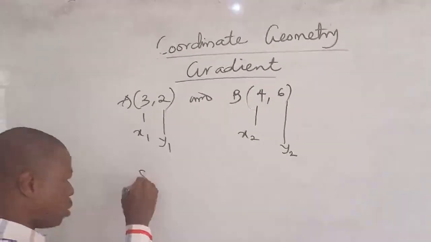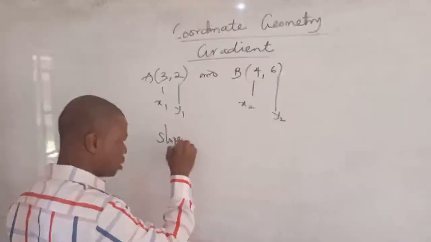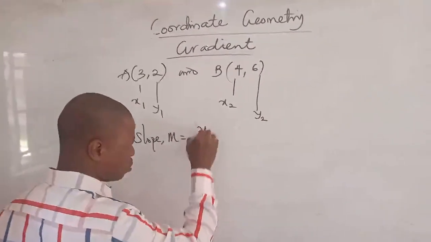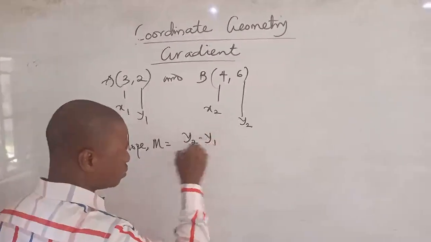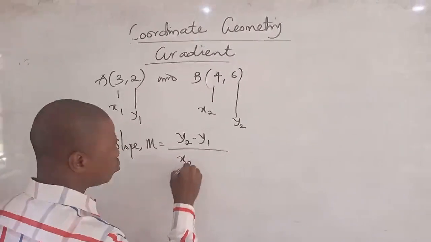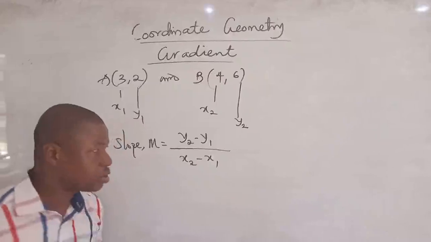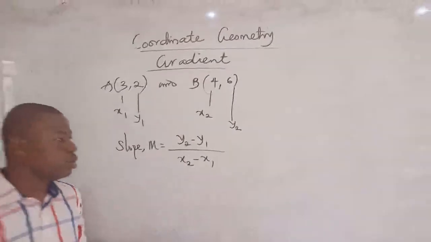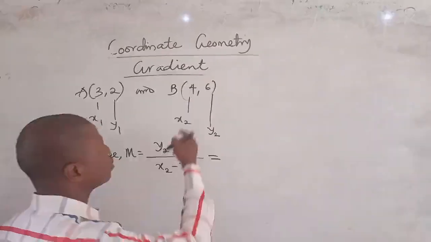So slope or gradient equals y2 minus y1 all over x2 minus x1. So all we need to do is substitute our values.